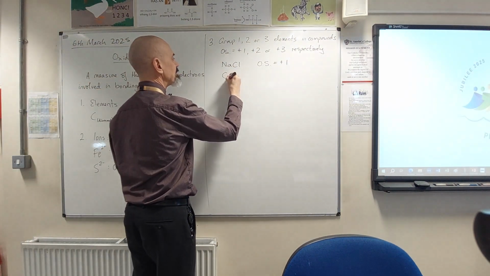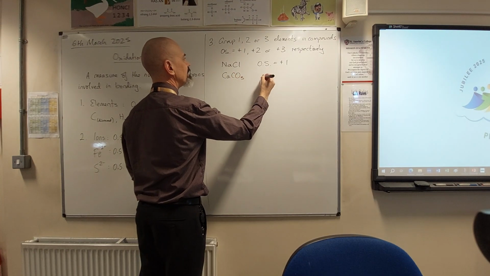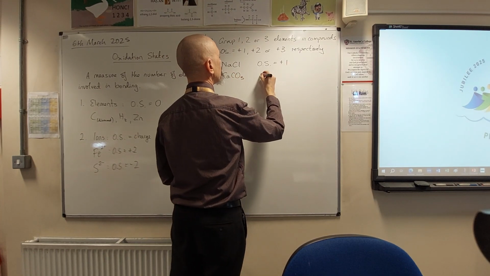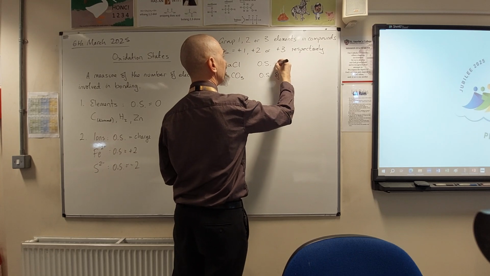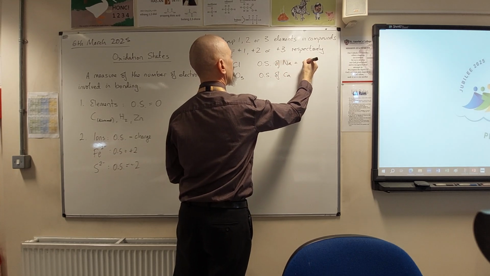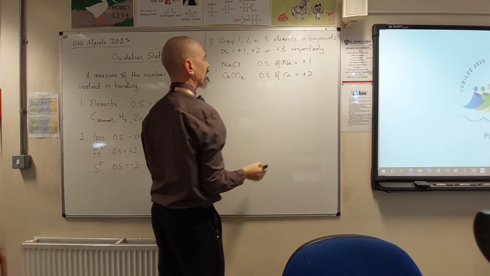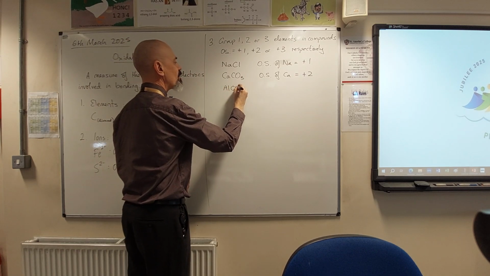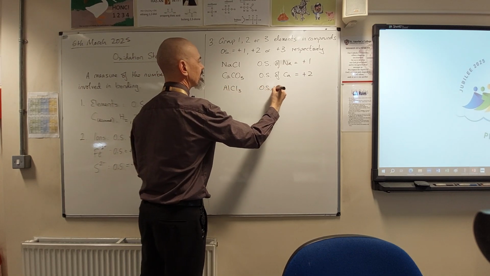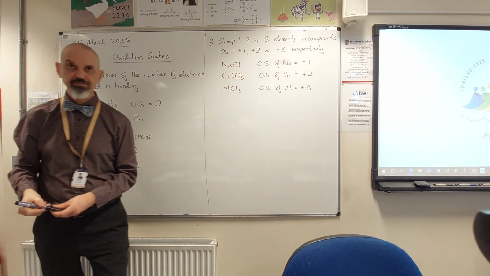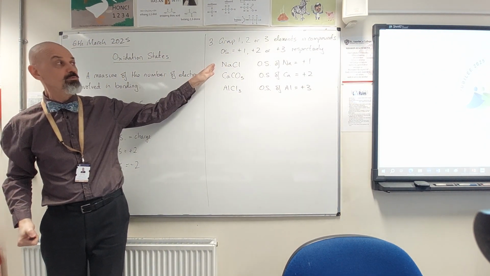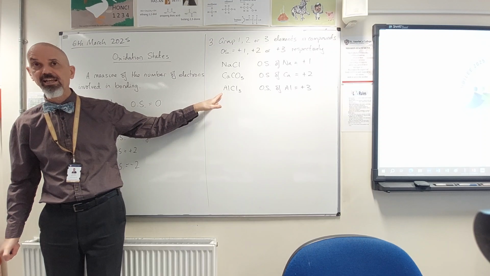Okay, if I had a calcium compound, calcium carbonate, the oxidation state of calcium is +2. If I had an aluminium compound, the oxidation state of aluminium is +3. Because sodium's in group 1 and calcium's in group 2 and aluminium's in group 3.